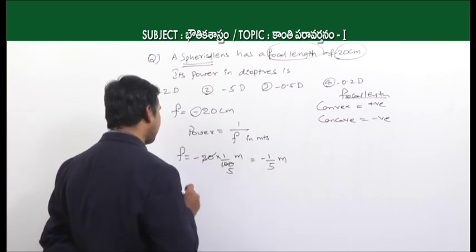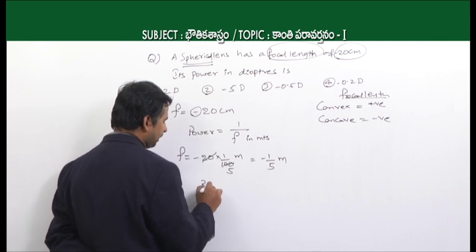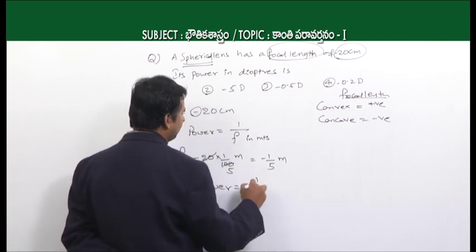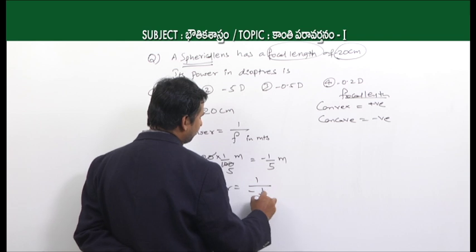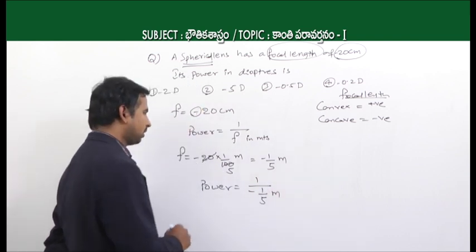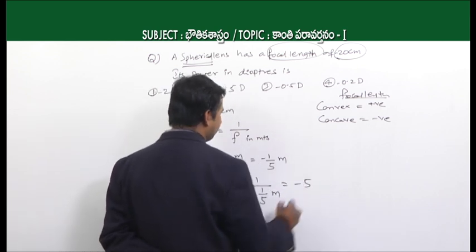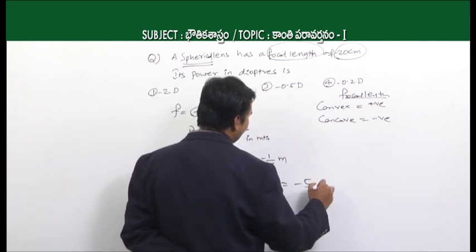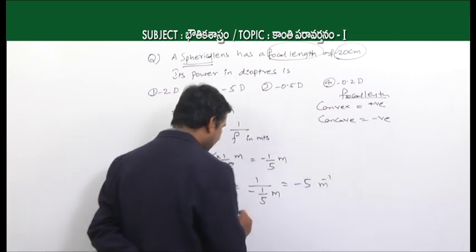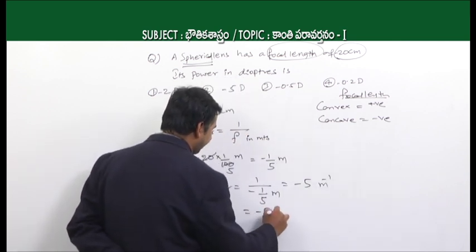Then if you substitute the value in the power, power is equal to 1 by minus 1 by 5 meters. Then the 5 comes to the numerator, with the minus, and we have meter inverse. That meter inverse only we call a diopter.